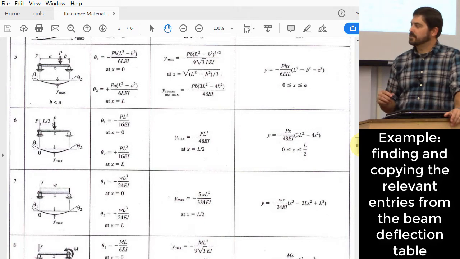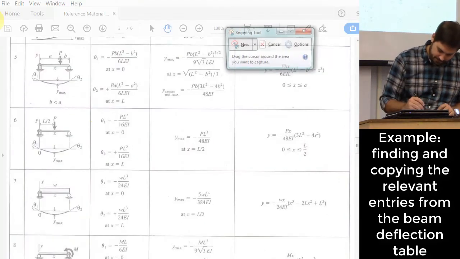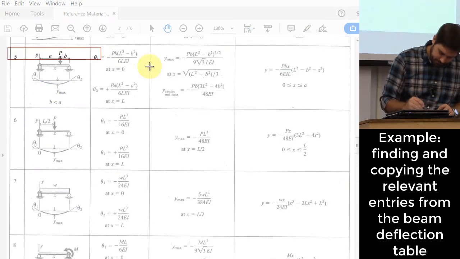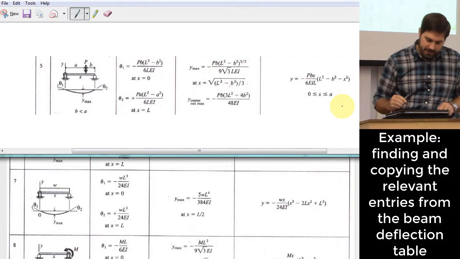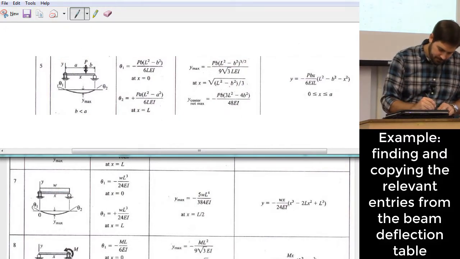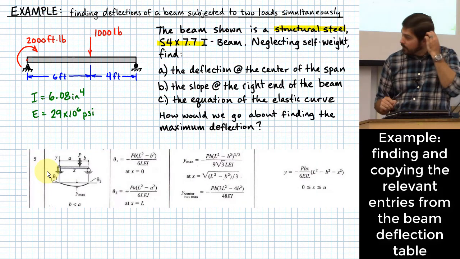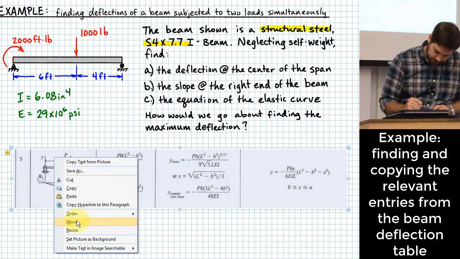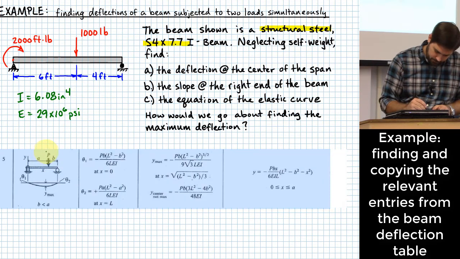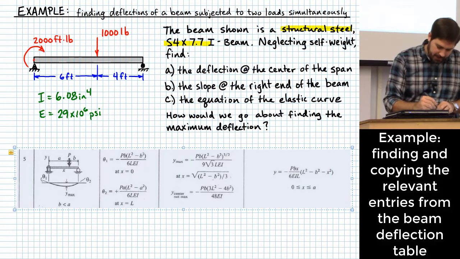So we'll grab that one. I'm going to take a little screenshot right here for case 5. Let me drop that on here, and then let me grab a little bit of case.